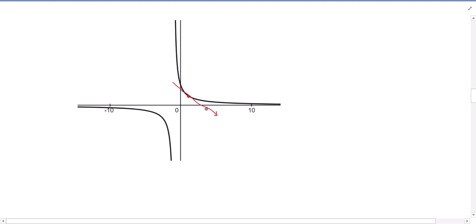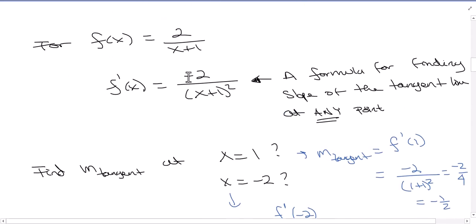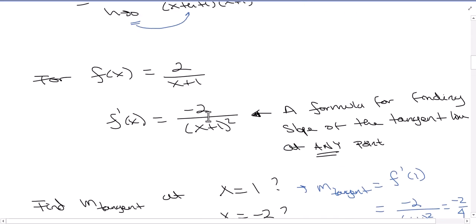If I draw a tangent line there and a tangent line here, those lines look like they're going to be parallel, which means the same slope. So we have some parallel lines here. That's another way that having the derivative as a function can help us.